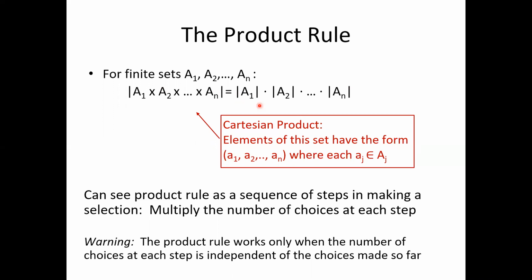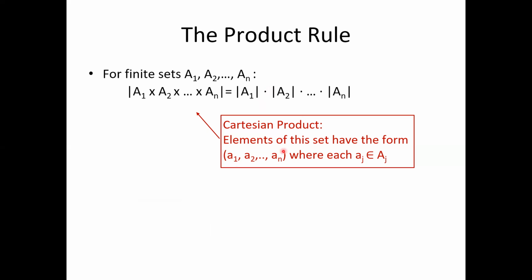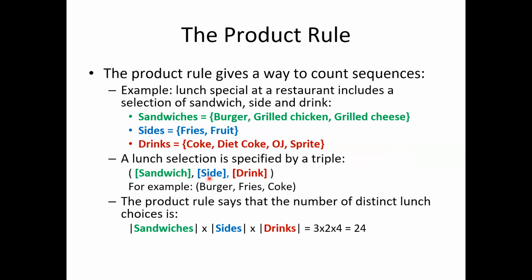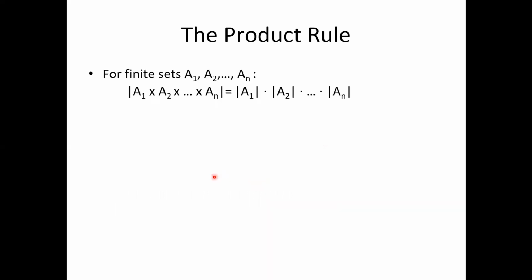Once you've made it, whatever decision you made, you will have this many choices to pick the next character, and these choices are independent of what choice you made before. In the dish ordering example, I was free to choose any side regardless of how I chose my sandwich, and I choose a drink regardless of how I chose the sandwich and the side.